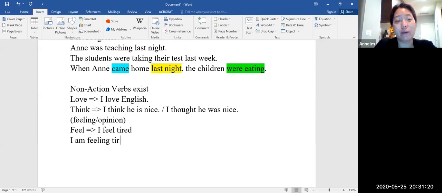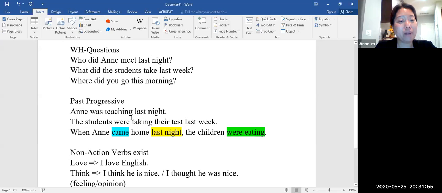I feel hurt. So this is a non-action verb, so be careful. No ing when you use it in the simple present, okay? All right, so this is my past progressive.